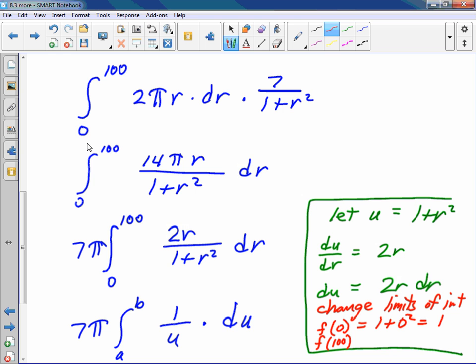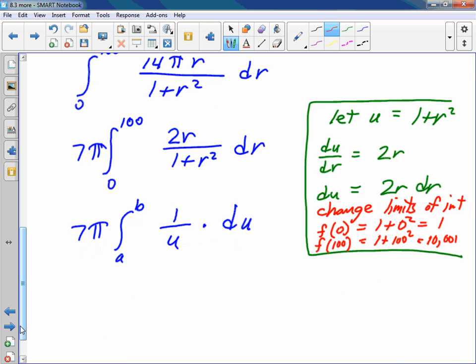And again, I'm just taking this new function and plugging in my old limits. f of 100 equals what? 1 plus 100 squared, which is, well, 100 squared is 10,000, so 10,001, right on. So those are my new limits. So now I've got 7 pi from, and I know that seems weird, but I think it'll make our lives easier in the end. But Johnny, you're right, you don't have to. From 1 to 10,001 of 1 over u du.